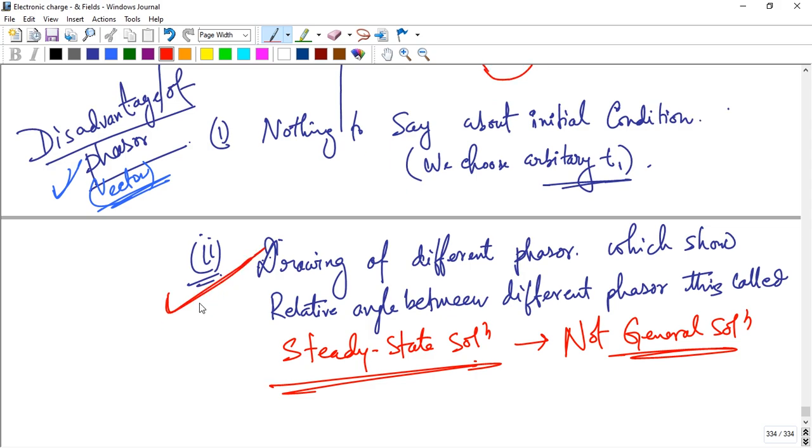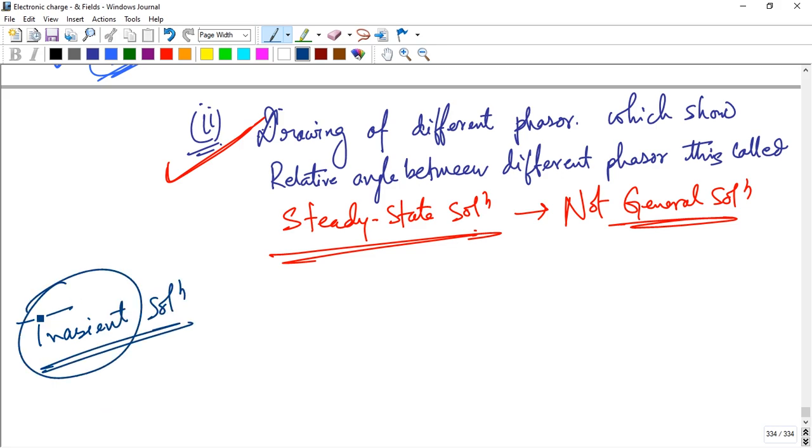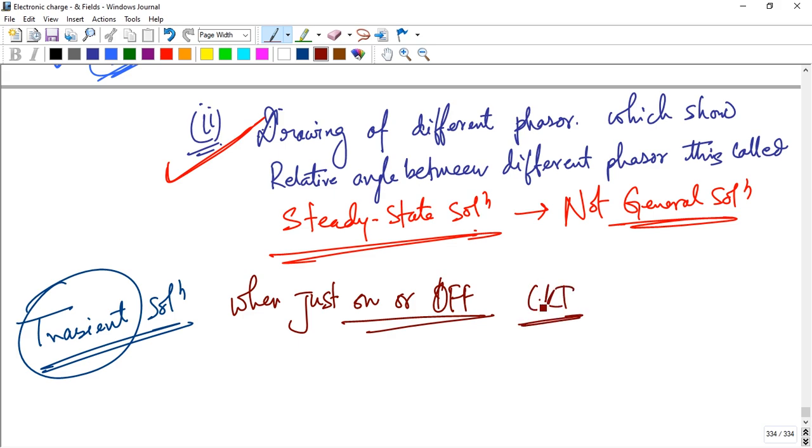There is another type of solution, called the transient solution. So what is transient? Transient means a very small time, when you just switch the circuit on or off. When you just switch on or off the circuit, there is some current and some voltage for a very small time.